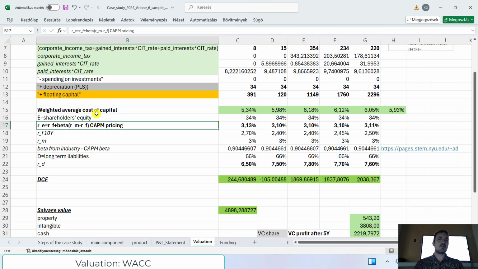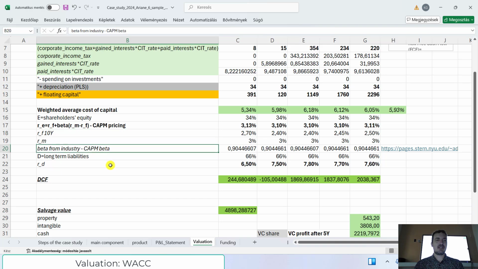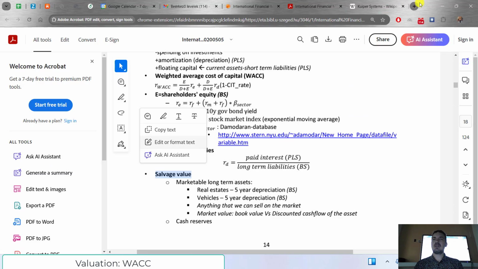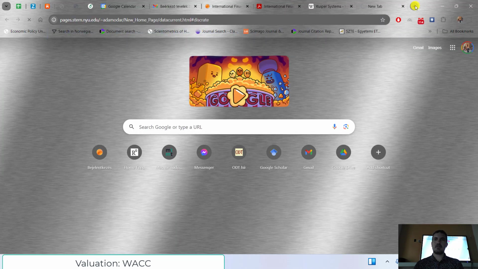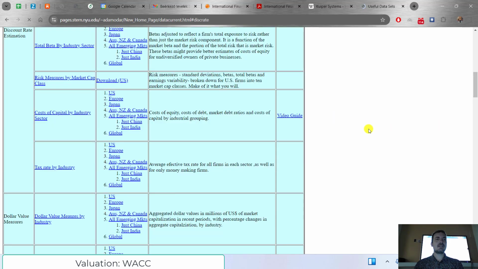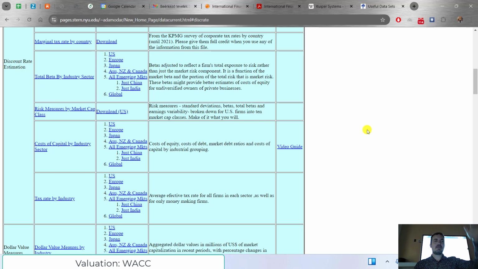CAPM is the capital asset pricing model, which was developed during the late 60s or early 70s, and it's still popular. It's really good for us because there is this nice guy called Damodaran who developed all the discounted cash flow valuation. And he's a really nice person because he also provides us many different numbers.